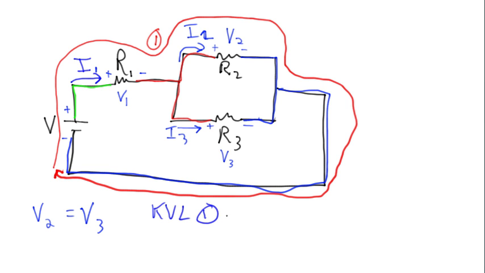KVL1: plus V, a positive change in voltage as I go across the seat of EMF, and then minus V1, minus V2 equals 0.